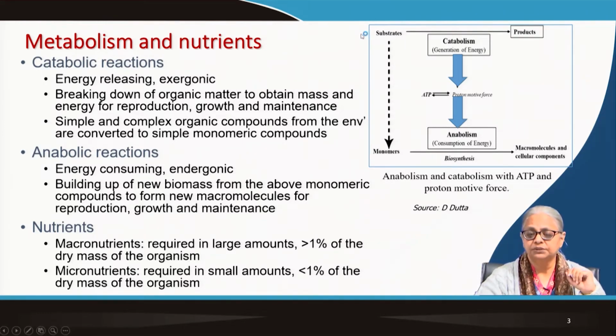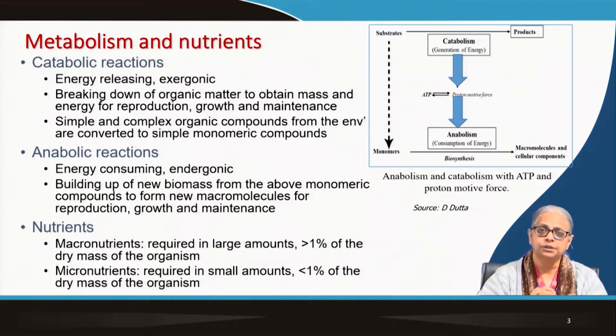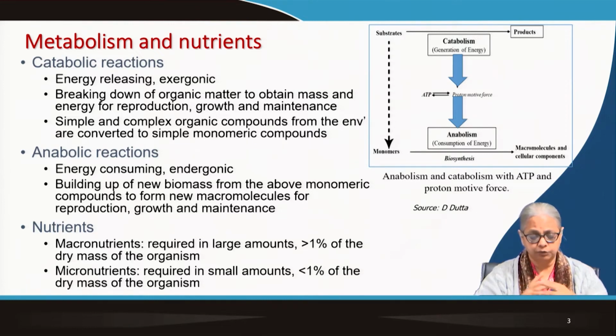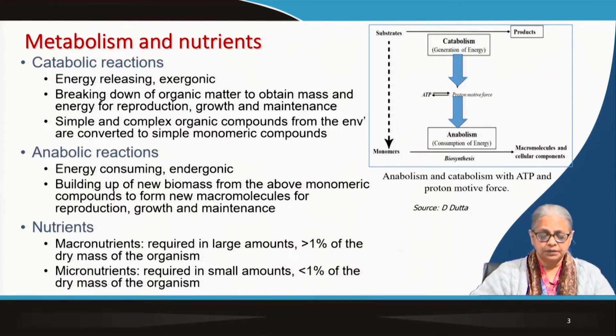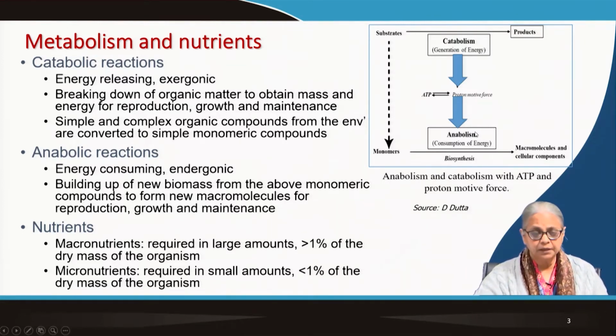So we use the word substrate, we stop using the word food, and when we talk about bacteria, we generally talk in terms of substrate. I've already mentioned that food is really nutrients, and these nutrients are of two types. This is a little bit of a repeat of what I have mentioned in the past, but it's important enough for us to keep it in mind. So here we have macronutrients and micronutrients.